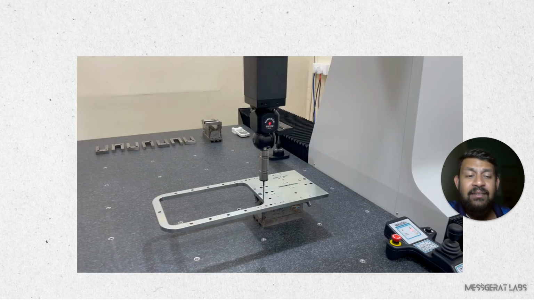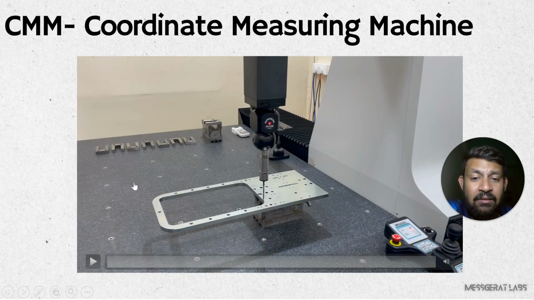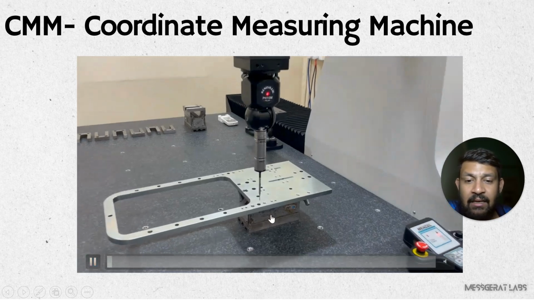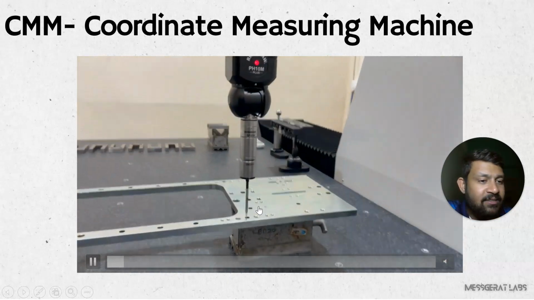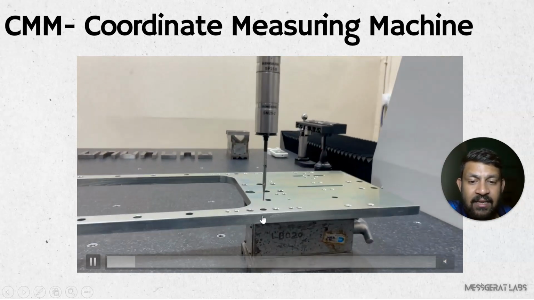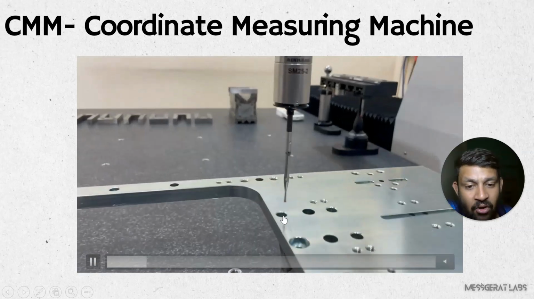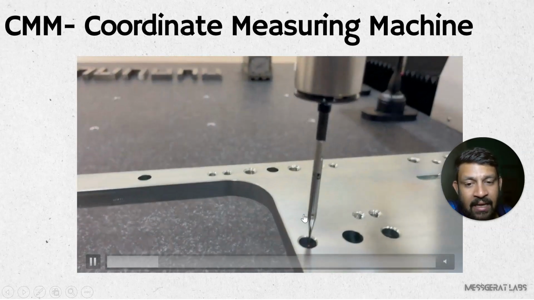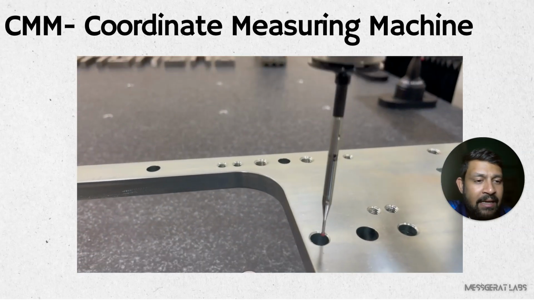Now CMM is another process that is largely used in the engineering and manufacturing industry for inspection purposes. What a CMM does is that by probing, it takes certain points. As you can see, it is taking points inside a hole, outside the hole, on the plane, along the edge of a plane.